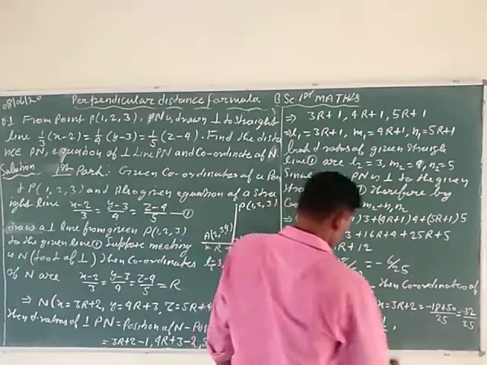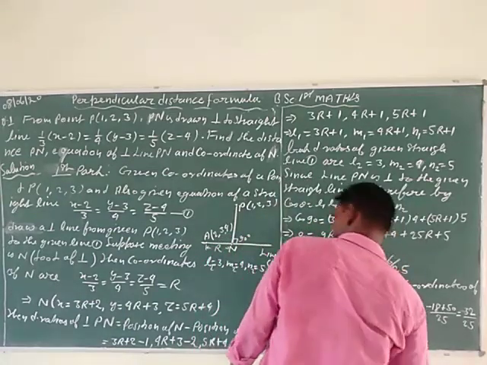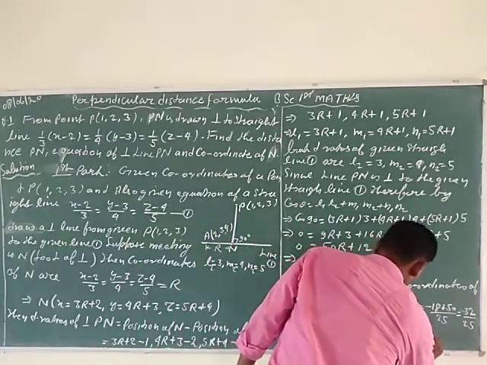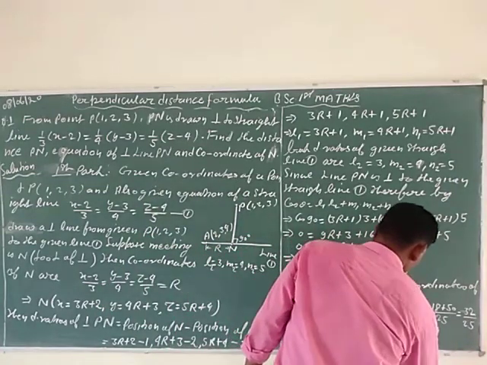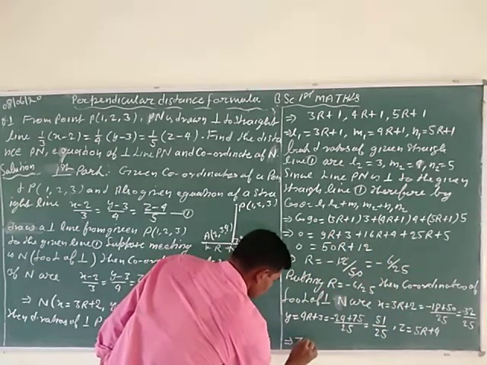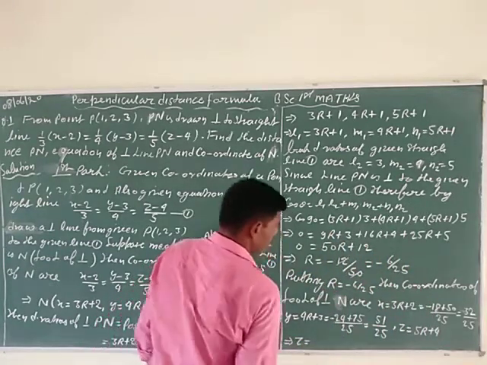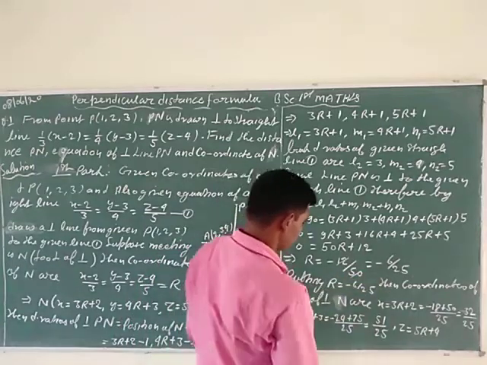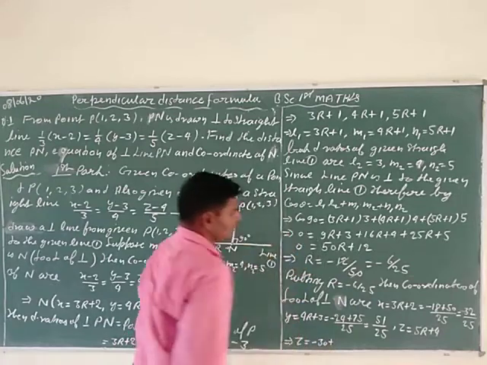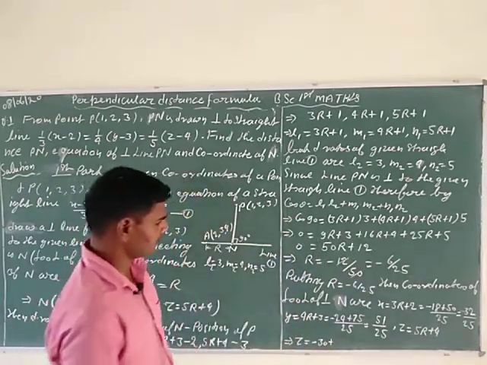At last z is equal to 5R plus 4. Putting the value of R, z is equal to 5 into 6 is minus 30, plus 25 multiplied by 4 is equal to 100.